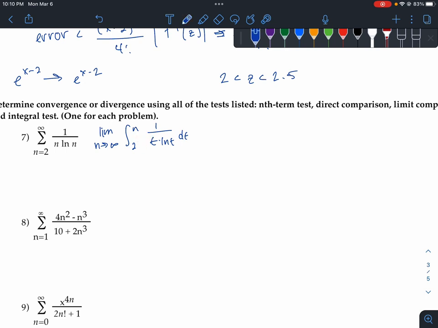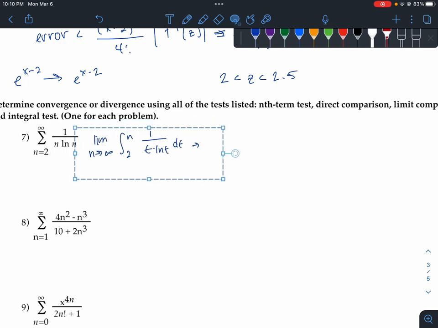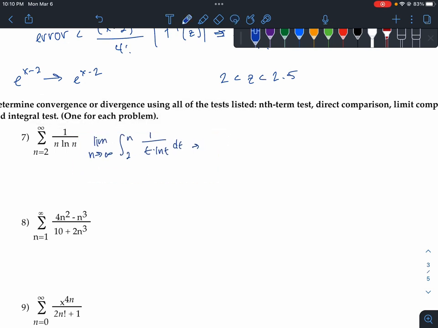So let's use an antiderivative here, but in order to use this, I'm going to have to use u substitution, because I see this product right here, and I know that if I use the natural log of t as a substitution, I'm going to get 1 over t as a derivative, which will cancel out.